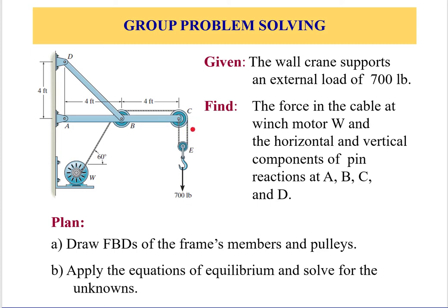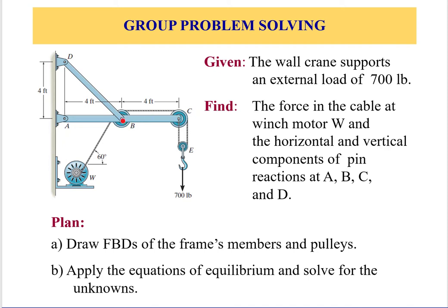If we know that force, then the next step is we want to calculate the reaction force at pulley C. So we draw the free body diagram of pulley C, which will have a force going down, equal to tension 350, and another tension. We apply the equilibrium equations in x and y, and that will give Cx and Cy.